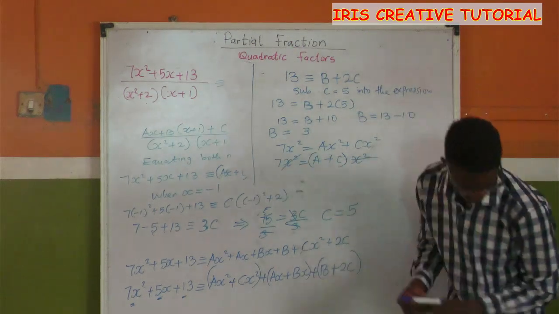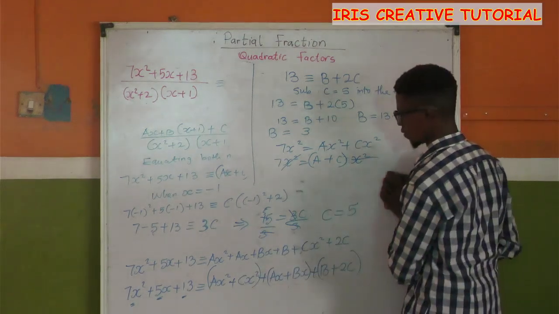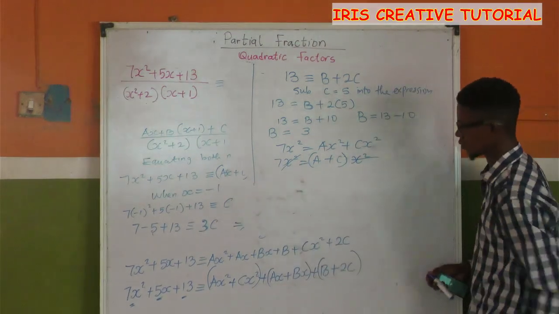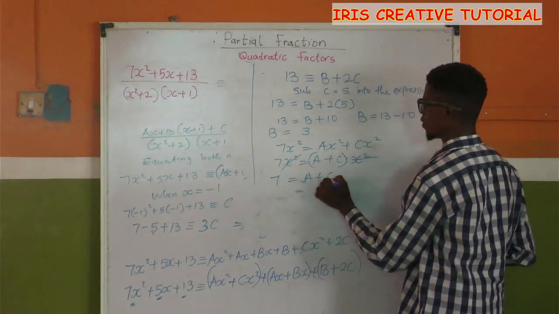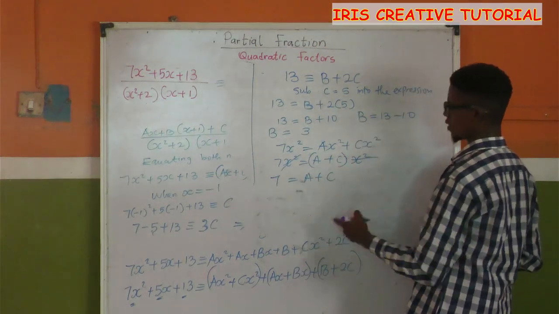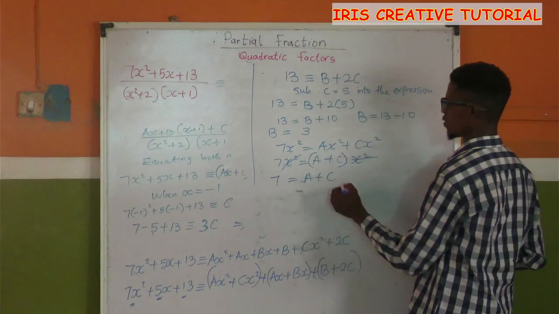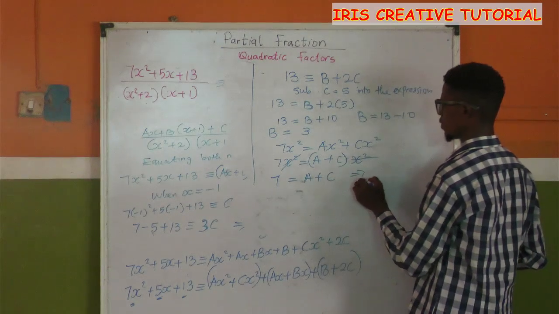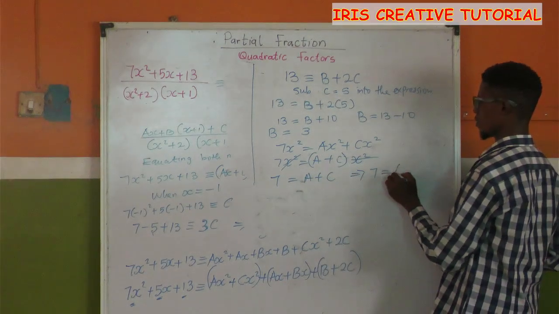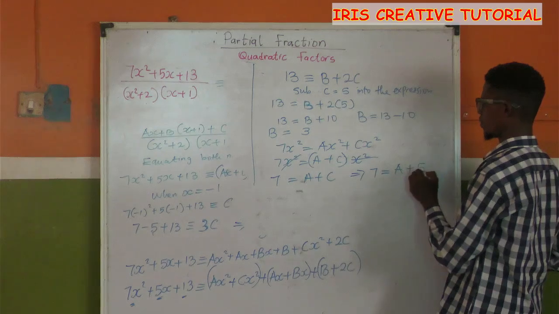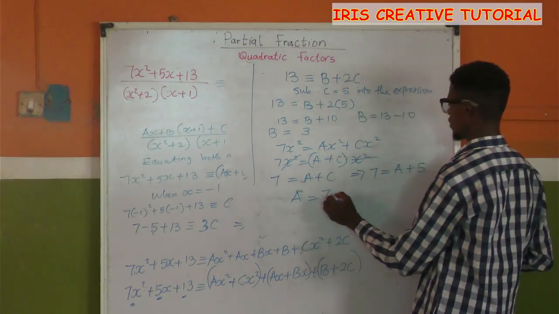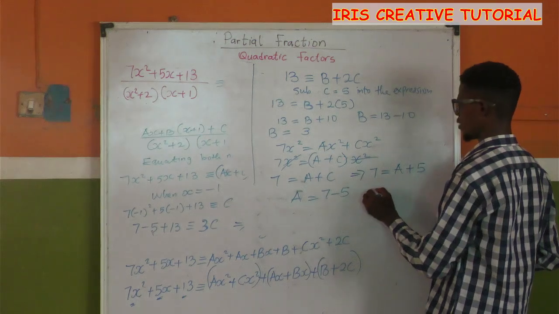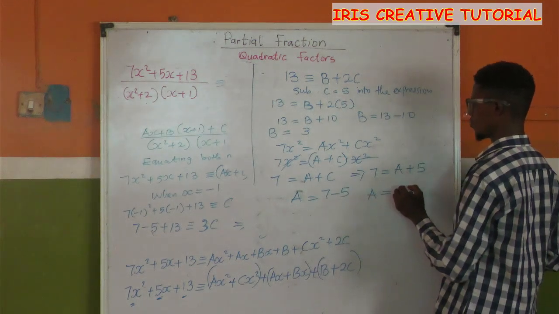So we are left with 7 equals a plus c. And recall that we already have c as 5, right? So this will become 7 equals a plus 5. And when you take everything, your a equals 7 minus 5, and the value of a is equal to 2.